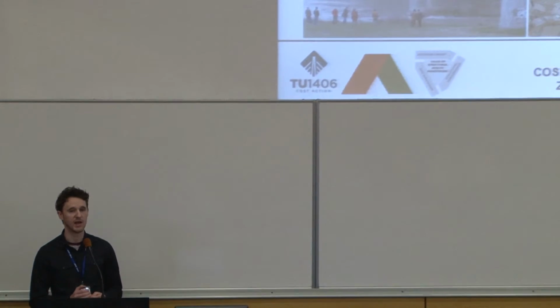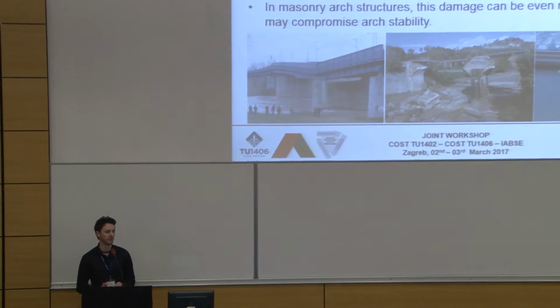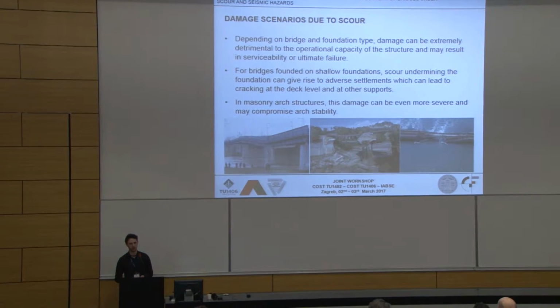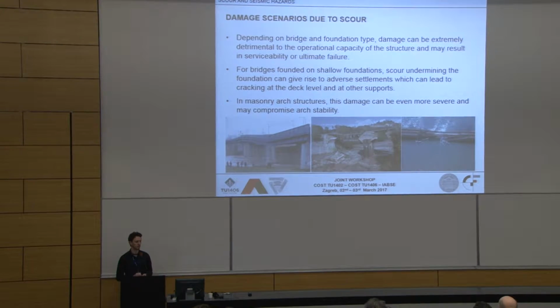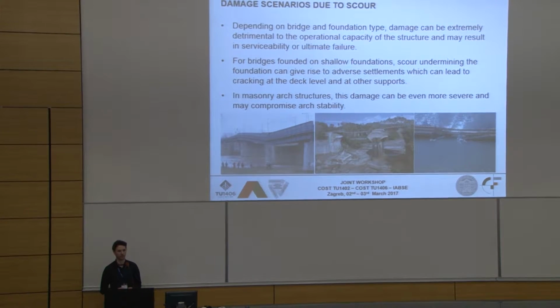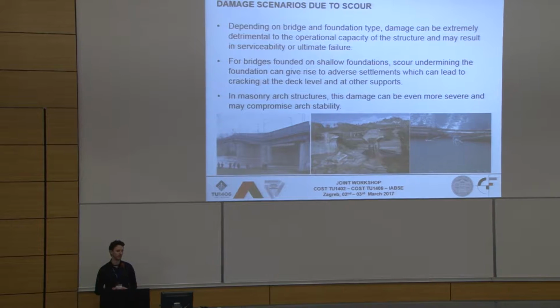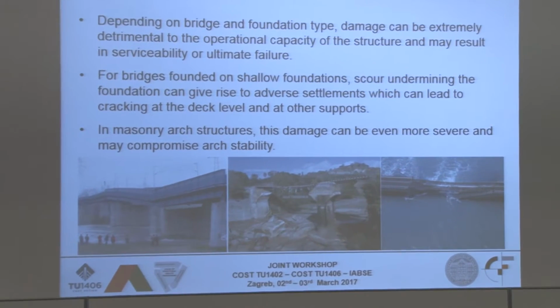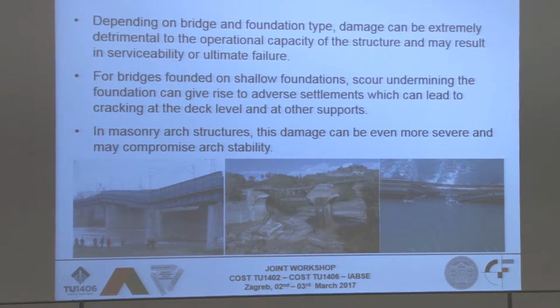So a small introduction to scour itself. Some of the typical damage scenarios that can happen due to scour really depend on the type of bridge you're looking at and the type of system in place. Scour itself is in effect the erosion of ground material from around the foundation of an element. For a masonry arch structure, for example, this can have ramifications for arch stability.